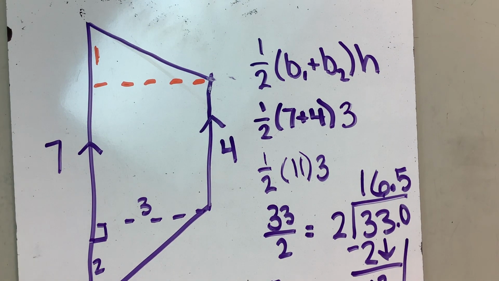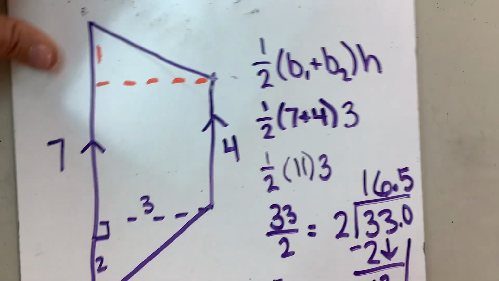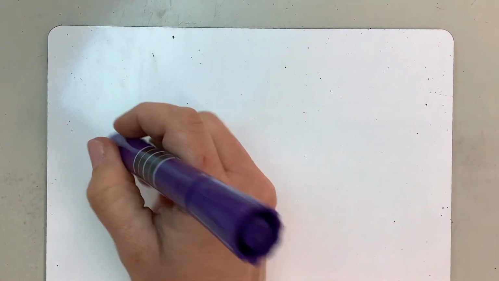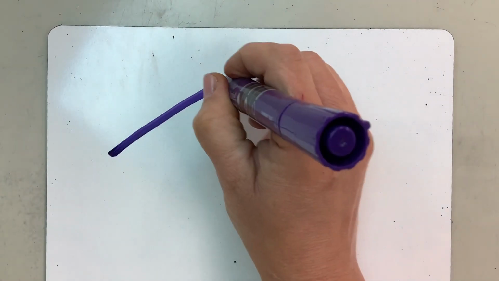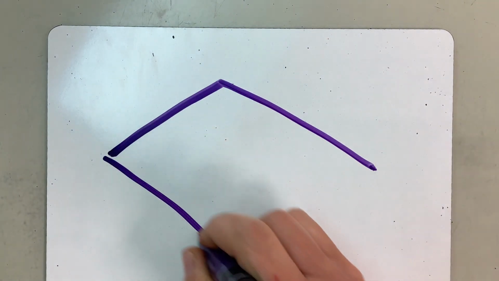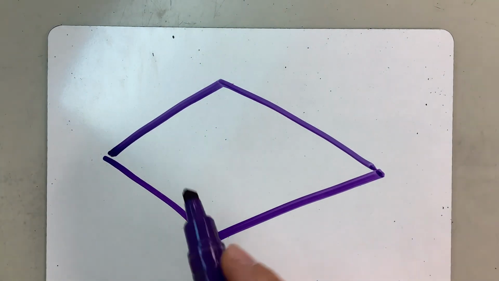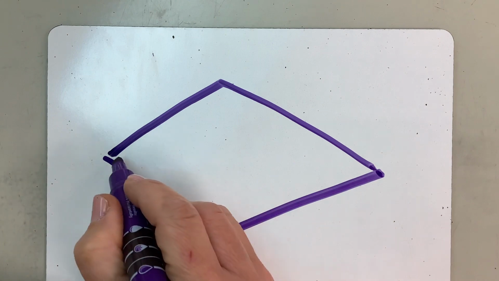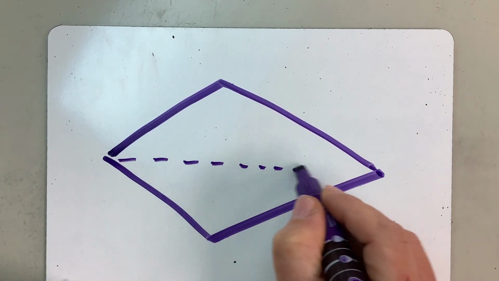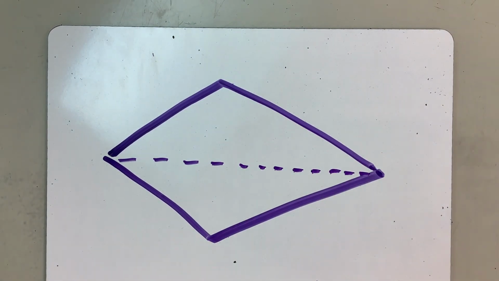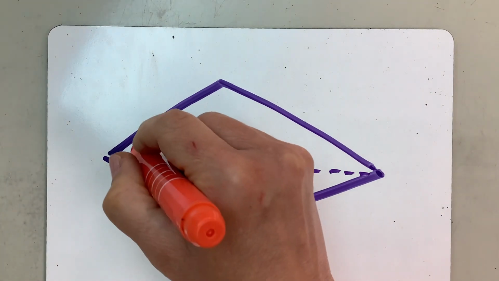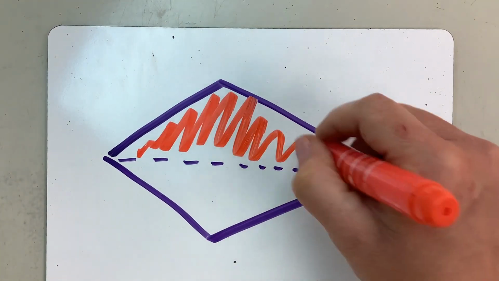Next, we're going to look at a rhombus. The rhombus has a very nice formula, but again, students are struggling turning their page and finding the rhombus. So when you do a rhombus, let me see if I can draw this. It looks something like this. And what we looked at is the fact that when you cut it in half, I've encouraged students to cut it in half and find the 2 triangles that are identical to each other.